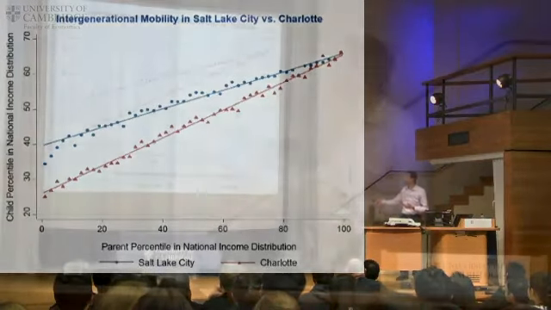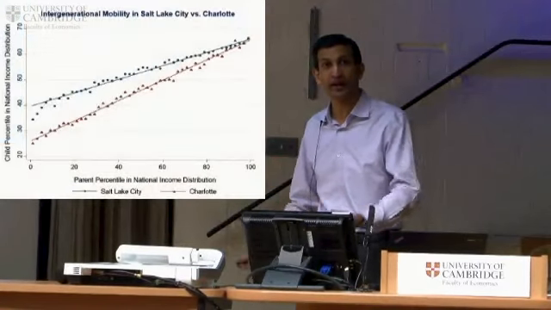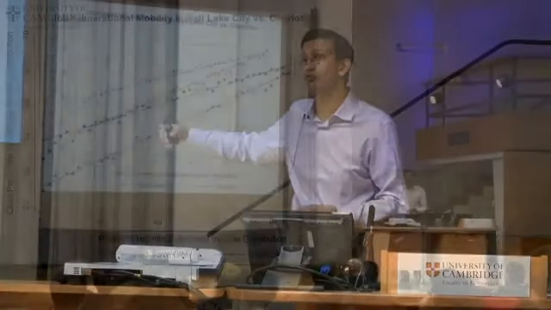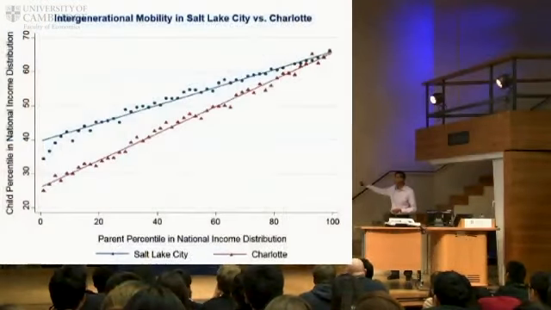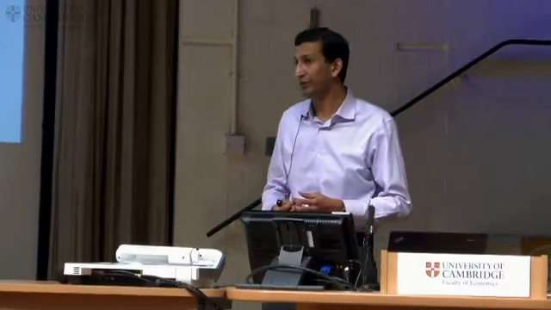That is, you're getting more upward mobility in absolute terms for kids from low income families without harming the kids from high income families, at least in the context of this particular example. And it turns out to be true more generally that in most of the cases we look at, about 85% of the cases, increases in upward mobility for low-income families don't actually end up affecting adversely outcomes for kids from higher income families.